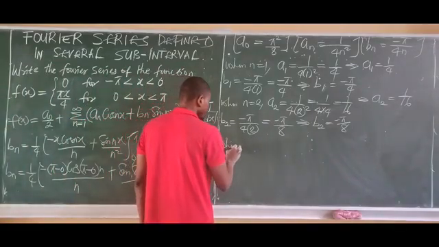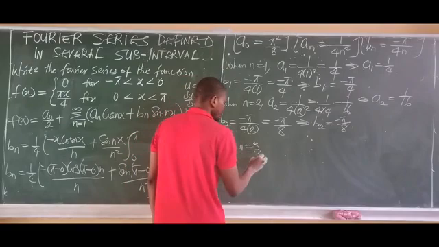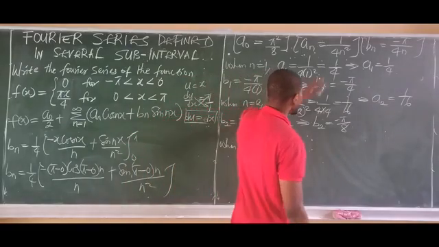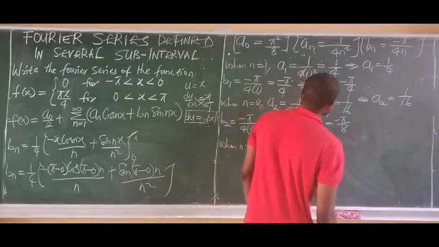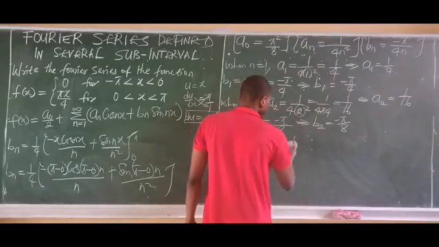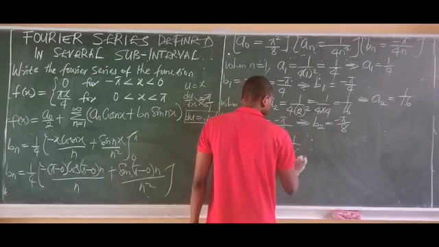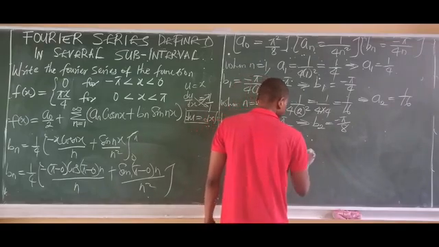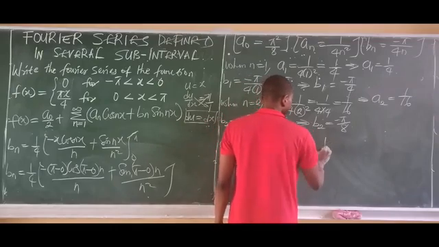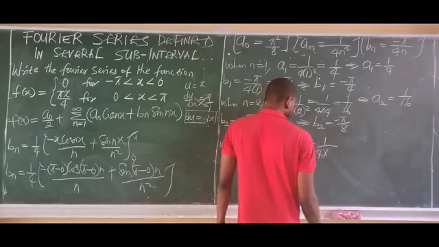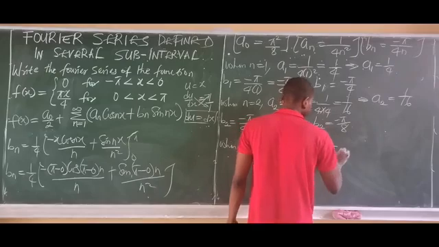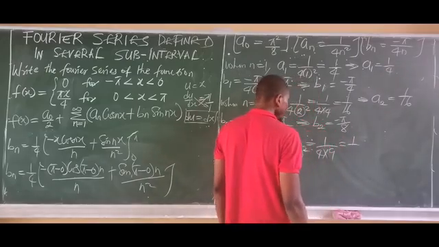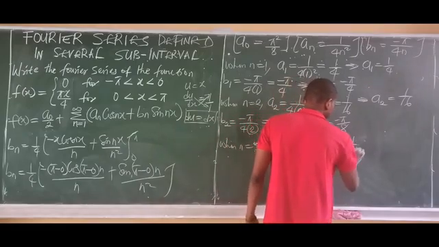When n is equal to 3, then a3 is equal to, an is simply 1 over 4n squared. So you have 1 all over 4, and n now is 3, so this becomes 3 squared. This is equal to 1 all over 4 times 3 squared, which is 9. So you have 1 divided by 4 times 9, which gives us 36.